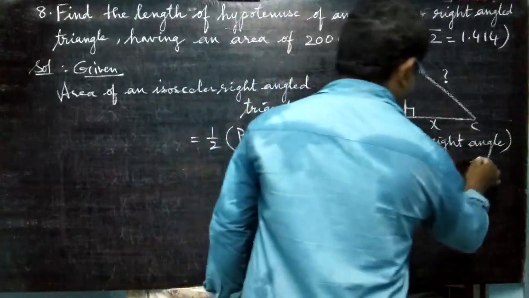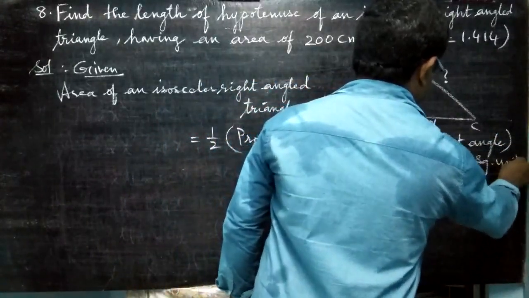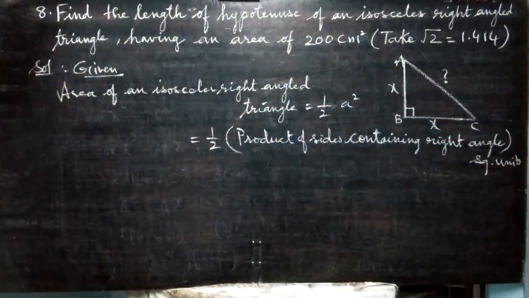This also is in square units; areas are always in square units. Are you able to follow?